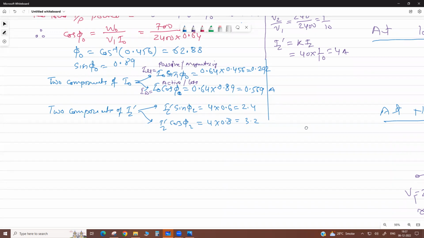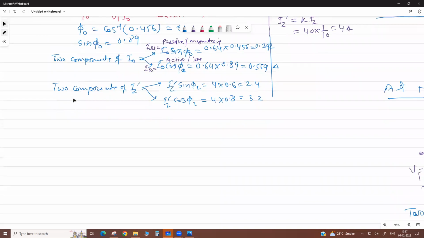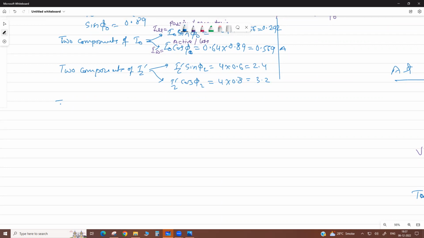Yeah. So this is now total horizontal component, means along x-axis. Okay.